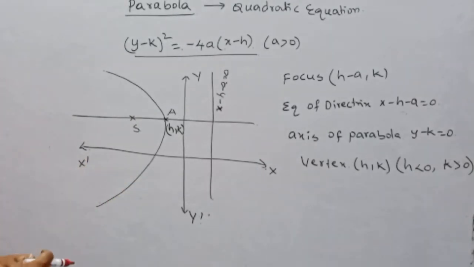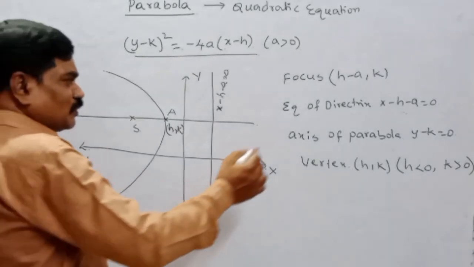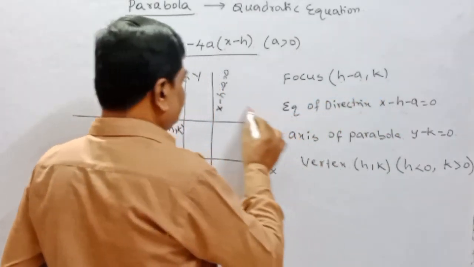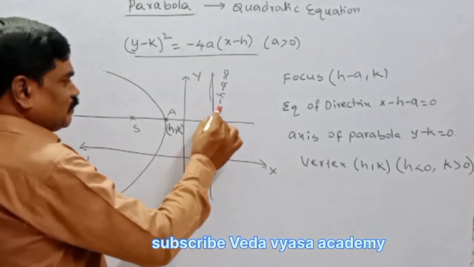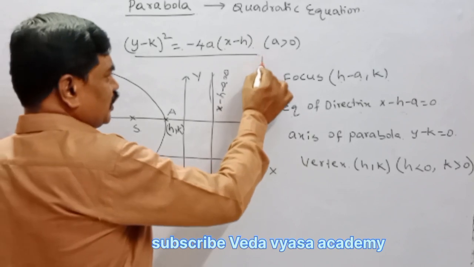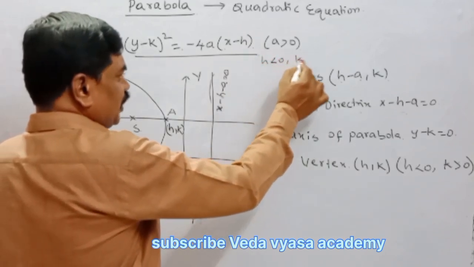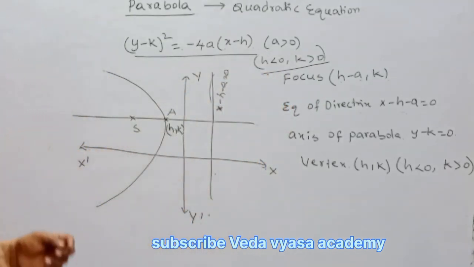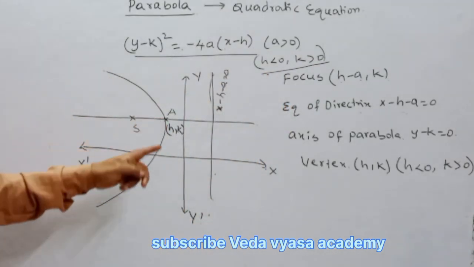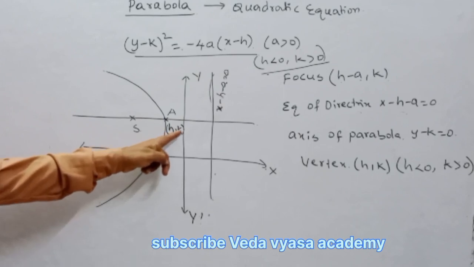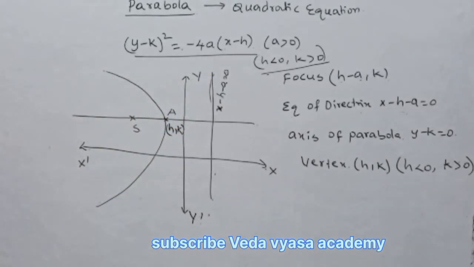So for this type of parabola the focus is (h minus a, k), and the equation of directrix is x minus h minus a equal to 0, where h less than 0, k greater than 0. This is in the second quadrant.